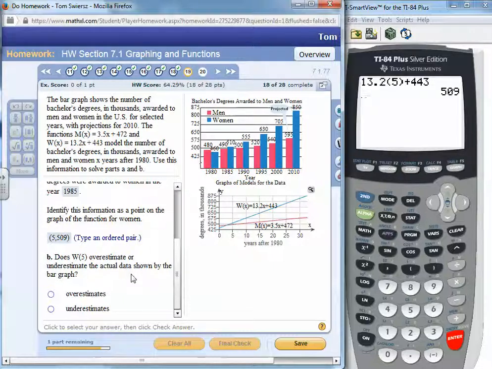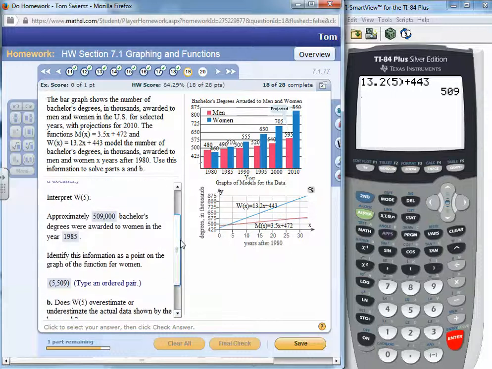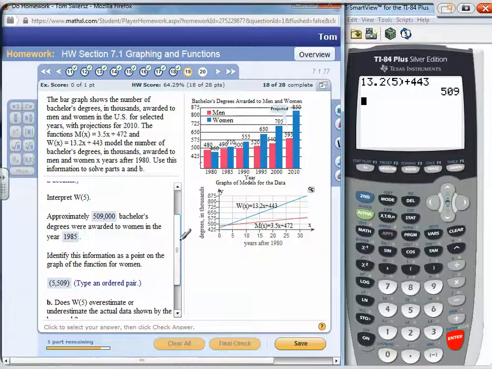Oh, one more part, I'm sorry. Does the function W(5) overestimate or underestimate the actual data shown by the graph? Well, in 1985, the number for women is in blue, right? So women is blue.